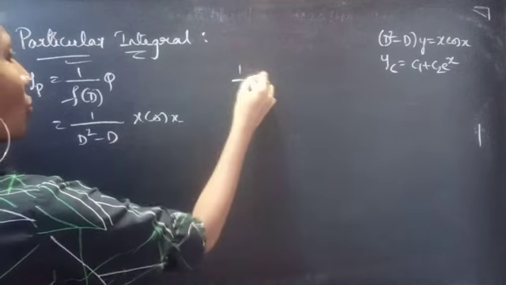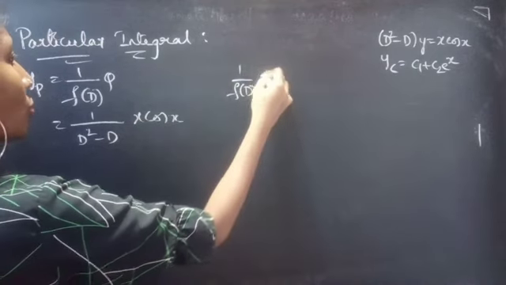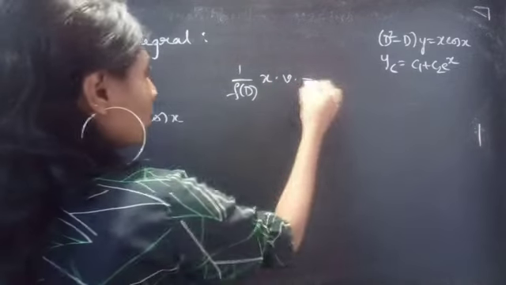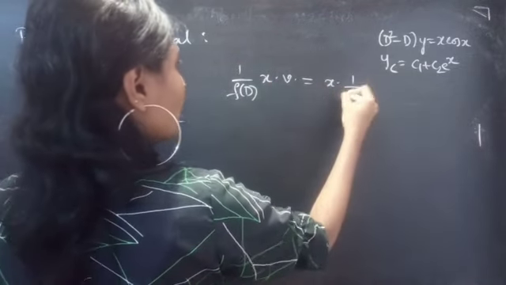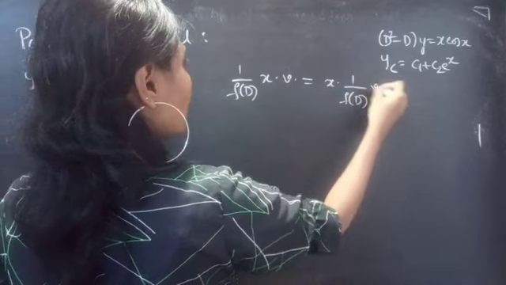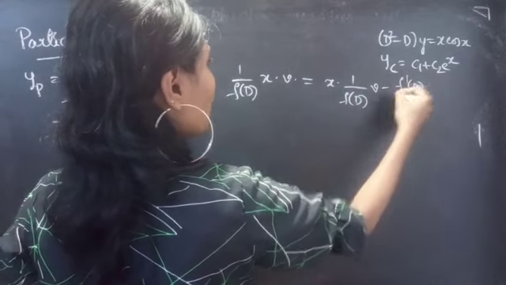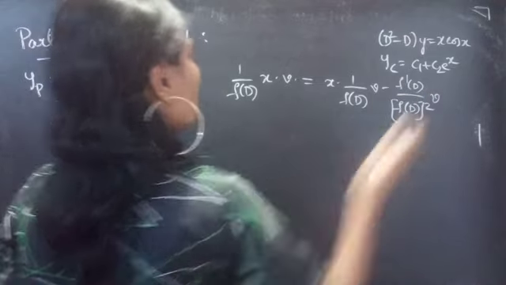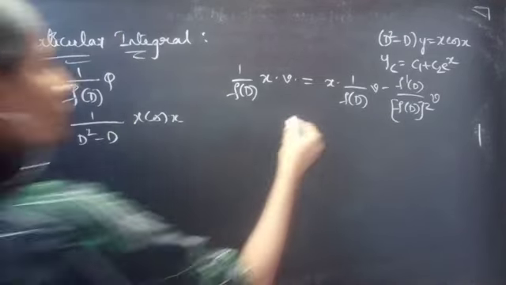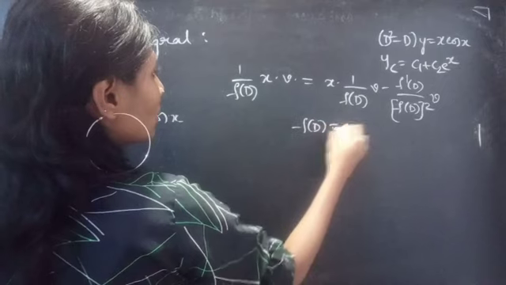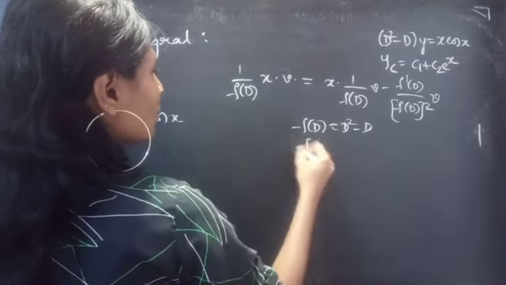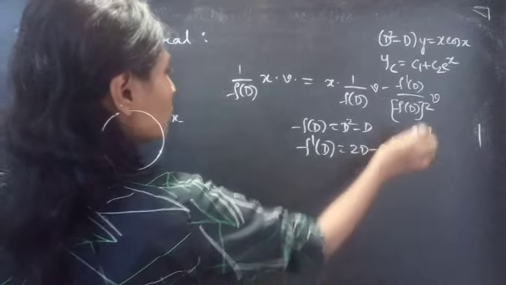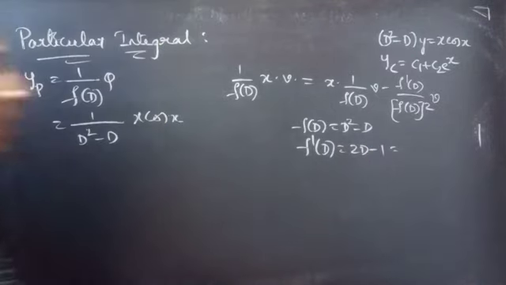This is of the form 1/f(D) into x into V. So we are going to use x into 1/f(D) into V minus f'(D)/[f(D)]² into V formula. If f(D) is D² − D, then f'(D) will be 2D − 0, sorry, minus 1, right?